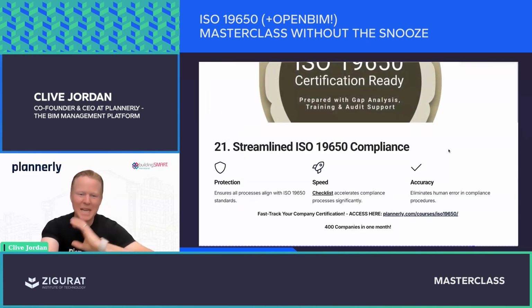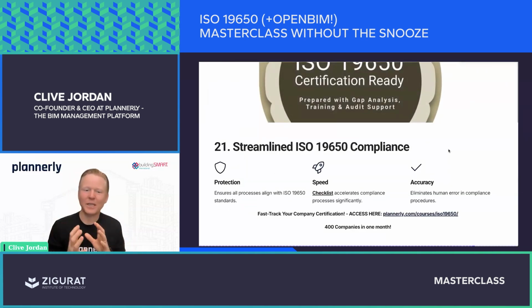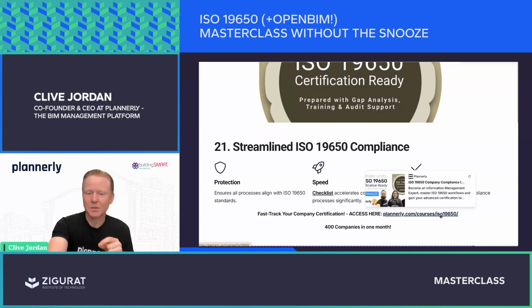We talked about many different things, but the whole point is to streamline and make sure that everyone's following the same workflow that is ISO 19650. And in order to do that, we've got a couple of really good resources. One of them is a training course that is focused on your company compliance. It gives you a checklist.